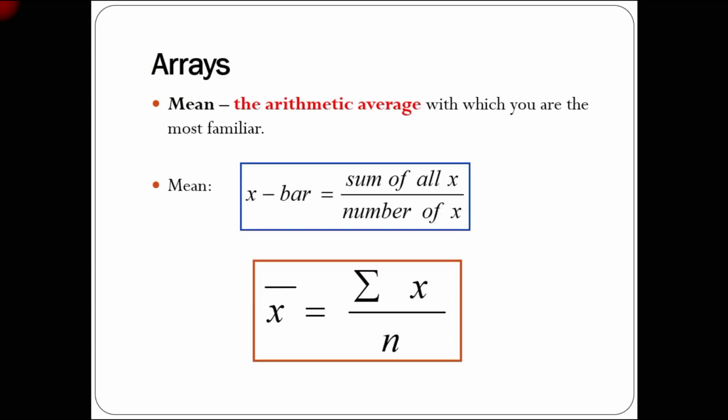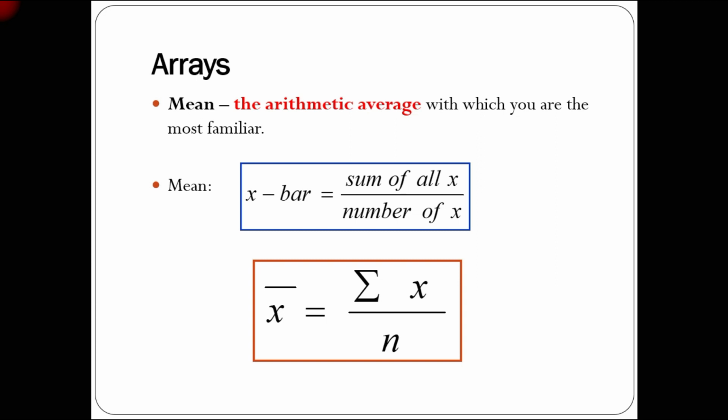Mean is the arithmetic average with which you are the most familiar. Yun yung ginagamit niyo para i-compute yung general average ninyo. Kapag gusto niyo malaman if with honors, with high, or with highest kayo, or pasok ba kayo sa honor roll, ito yung ginagamit ninyo. The mean or the arithmetic average.